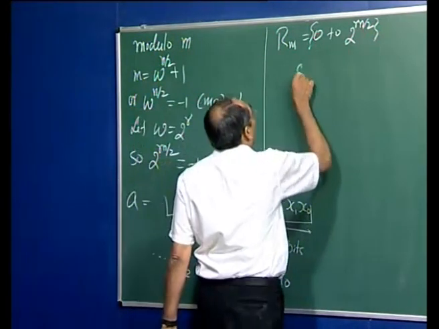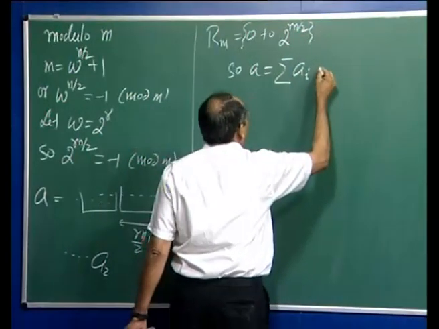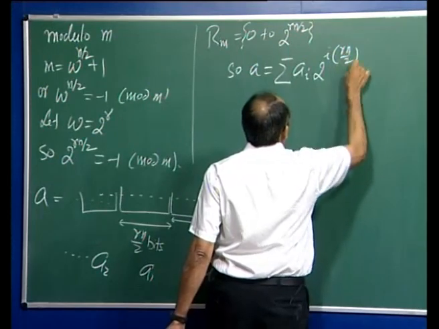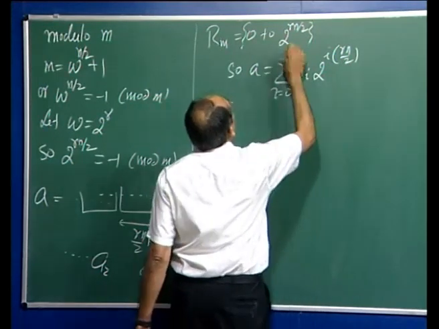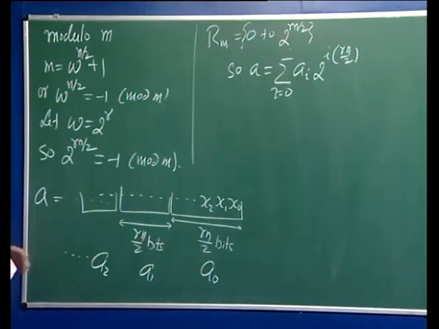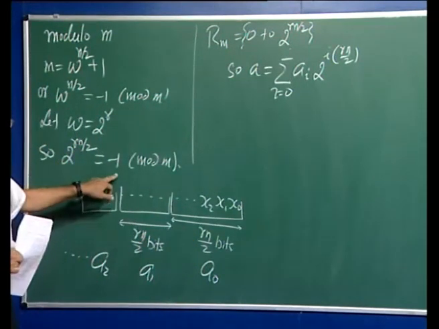So, our number A is nothing but the sum of Ai times 2 power i times rn by 2, with i going from 0 to some number, whatever the highest exponent is, the number of blocks. But 2 power rn by 2 is minus 1.